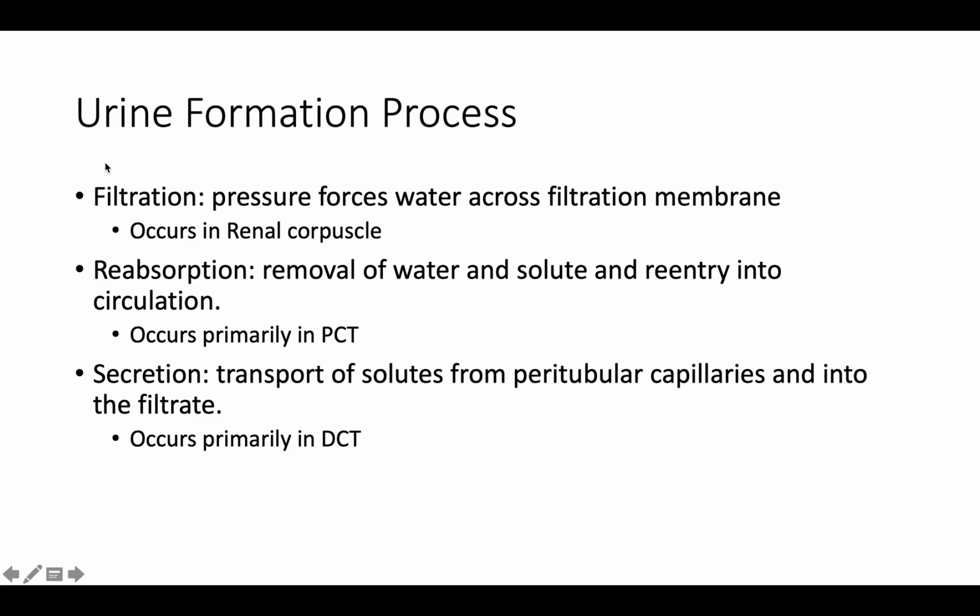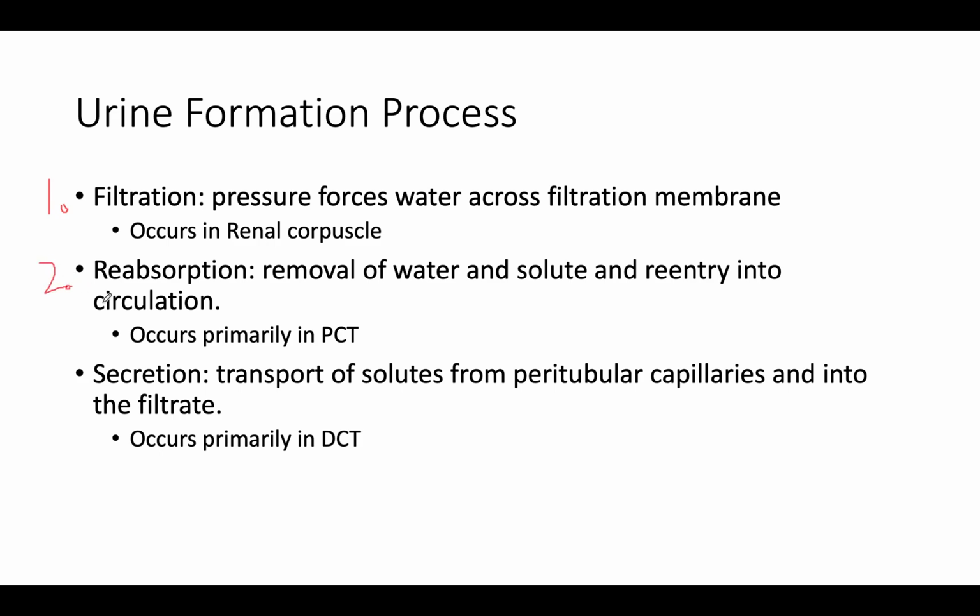Okay, so a little more into urine formation. First off, remember we talked about it first: filtration. You're going to have to get that filtrate. The pressure forces water across the filtration membrane. This occurs in the renal corpuscle. Then you're going to have reabsorption.